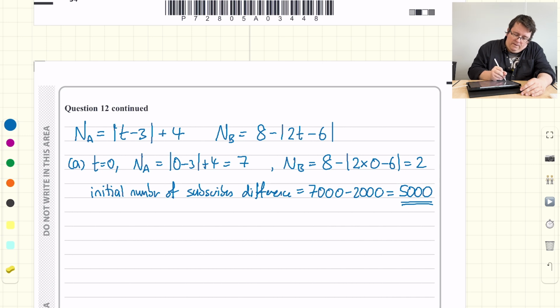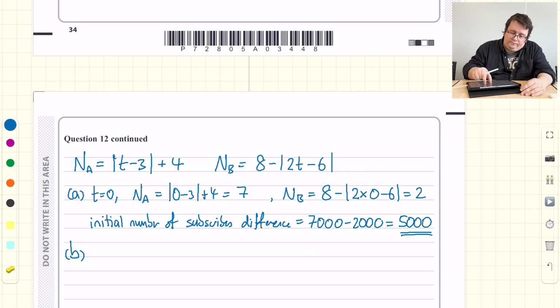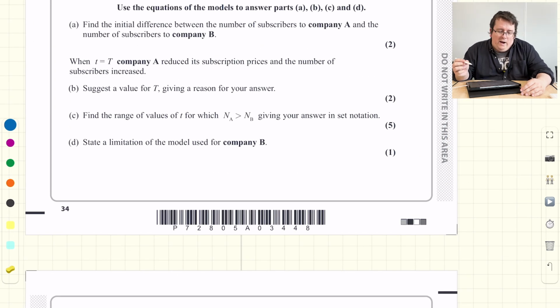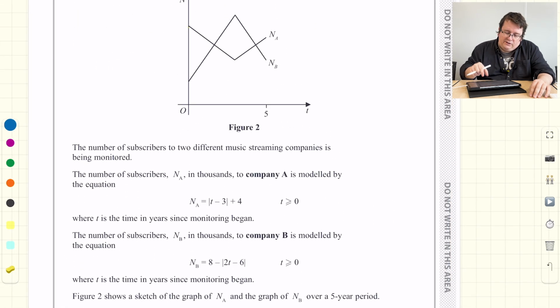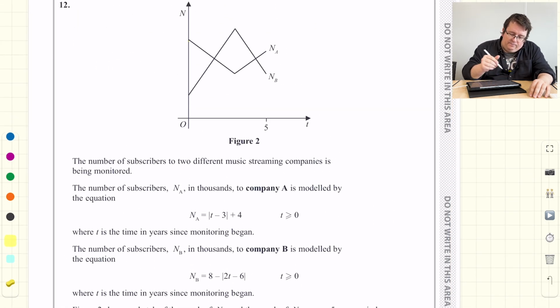Okay, right, part B. When T is equal to capital T, company A reduced its subscription prices and the number of subscribers increased. Suggest a value for capital T, giving a reason for your answer. Okay, so we're looking at NA here.